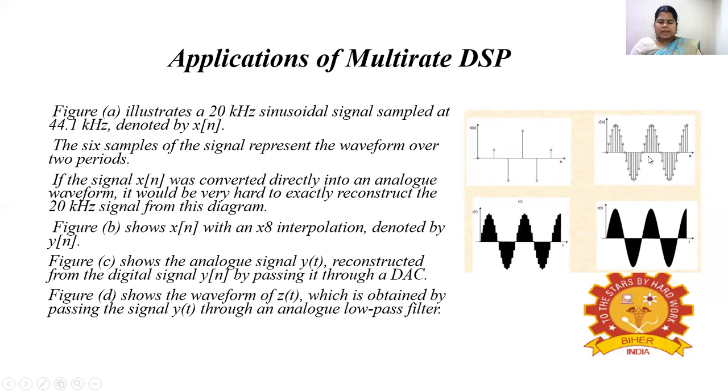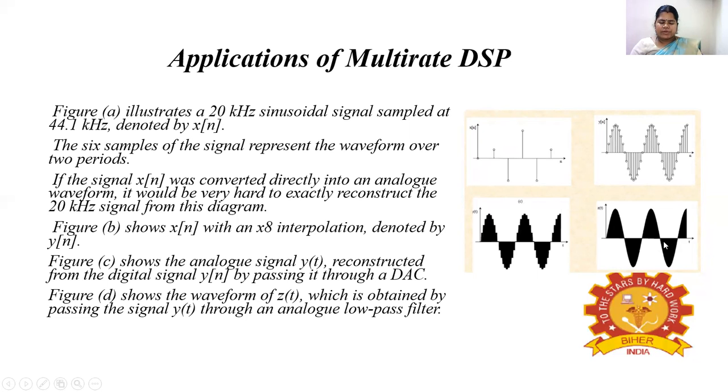So next we are performing an interpolation by a factor of 8. After interpolation, figure C shows the analog signal y(t) that is reconstructed from this digital signal y(n) by passing it to the digital to analog converter.